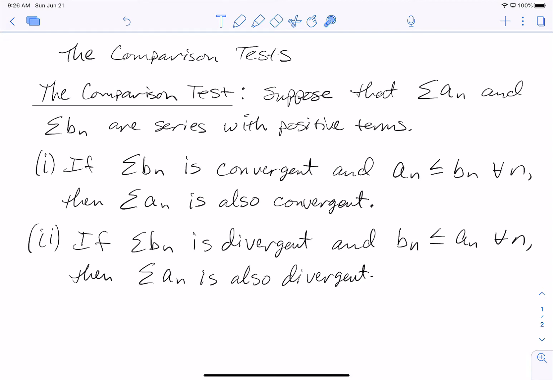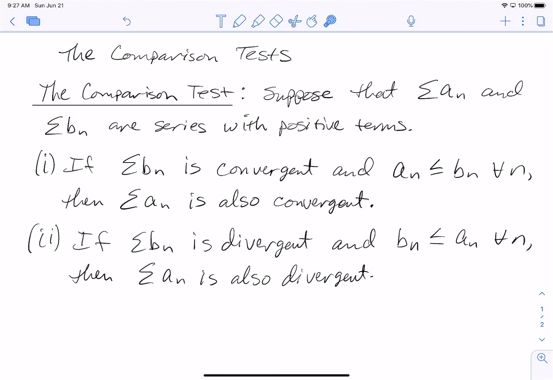Again, the idea is that if I add up all the b's and get an infinite result, and all the a's are bigger than the b's, then of course a is going to give me an infinite result as well. So again, to repeat, part one says smaller than convergent is convergent. Part two says larger than divergent is divergent.